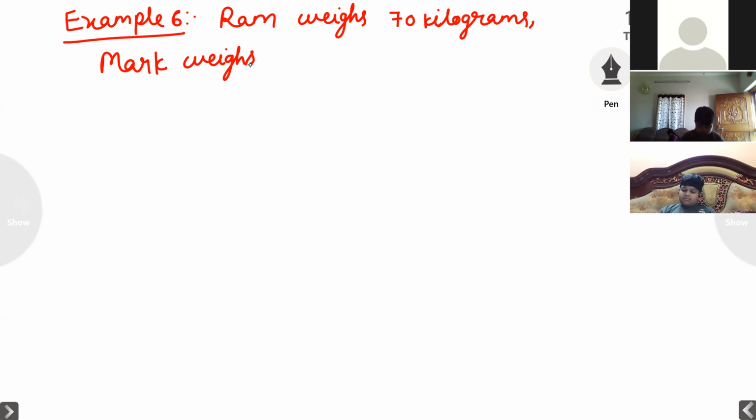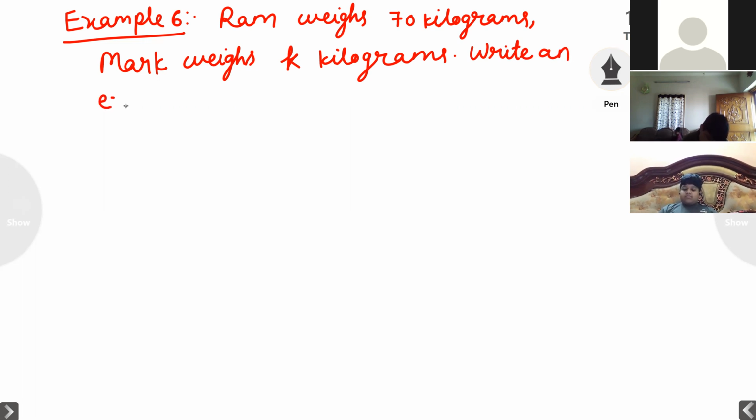Ram weighs 70 kilograms. Mark weighs small k kilograms. Write an expression for their combined weight.